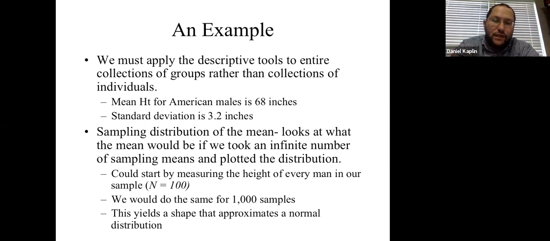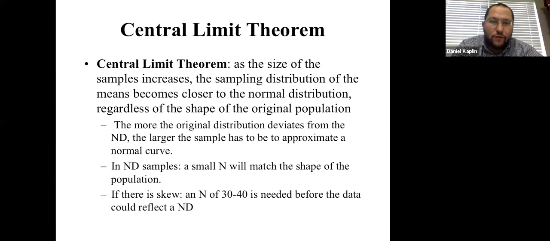So if we were to take the height of every man in our sample, and we had 100 people in our sample, and we did the same thing for 1,000 samples, let's say, we would get a shape that looks like a normal distribution. So there are assumptions here about the population being shaped in a bell-shaped curve.